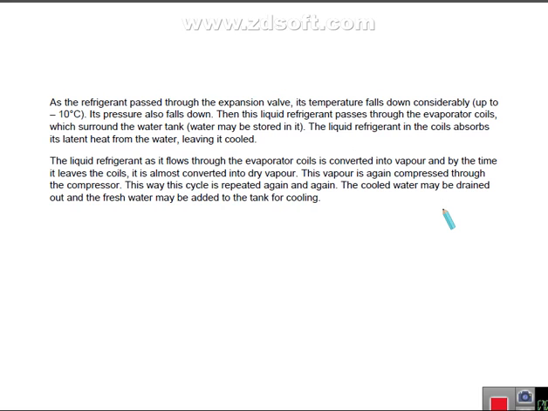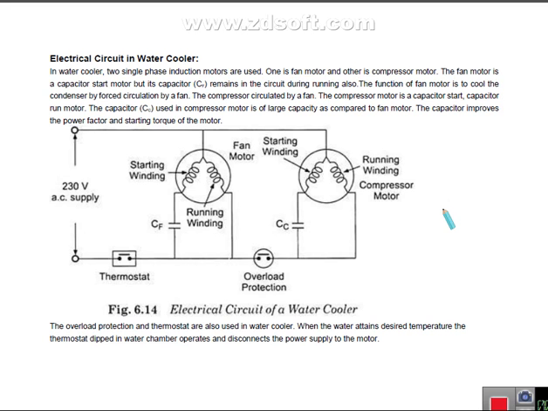Okay, so if we talk about the electric circuit of a water cooler, the circuit contains two motors which are running. One is the compressor motor, which is mounted on the compressor. Its main work is to compress the refrigerant.